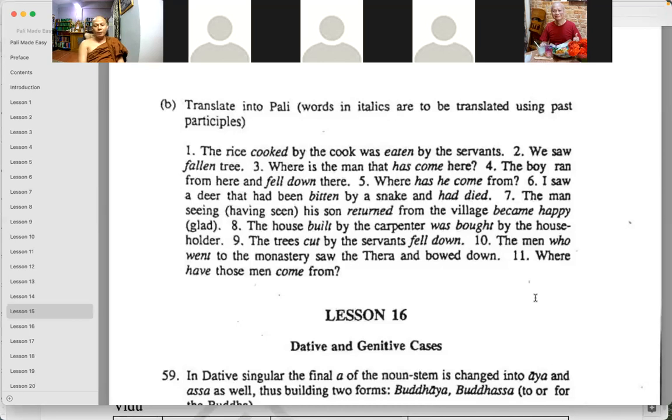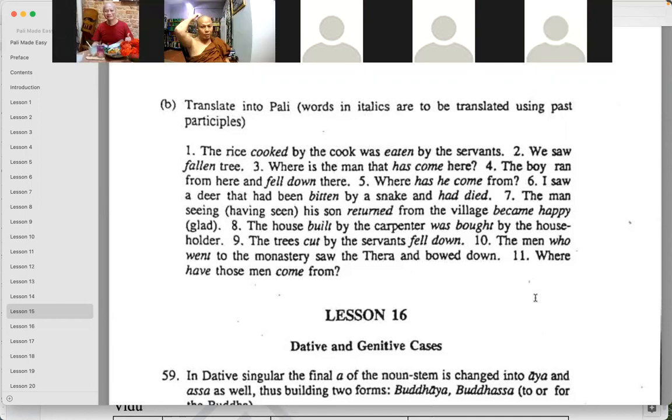Okay, now number 5. Where has he come from? So where from is kuto. He actually should not be in italic. Okay, so Damadada.